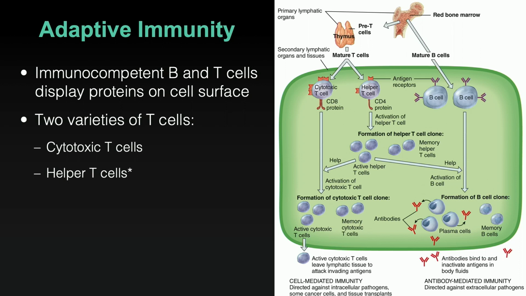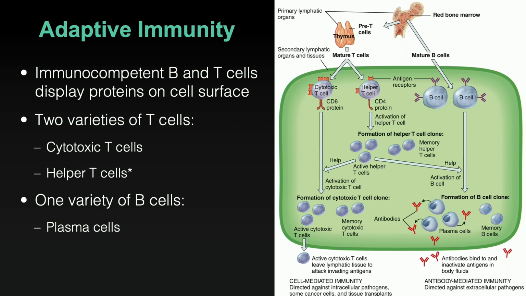Helper T cells don't only activate cytotoxic T cells, they also activate B cells or plasma cells. B cells, when they're immunocompetent, are called plasma cells. They are also directed and turned on by signals from helper T cells.